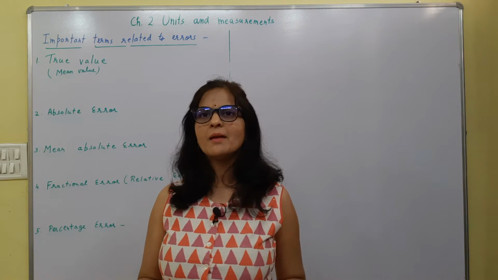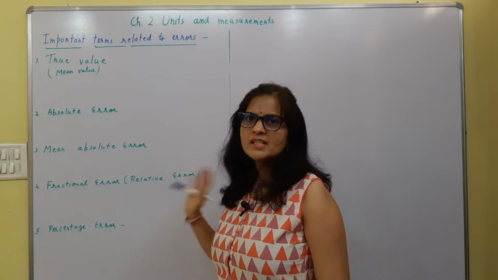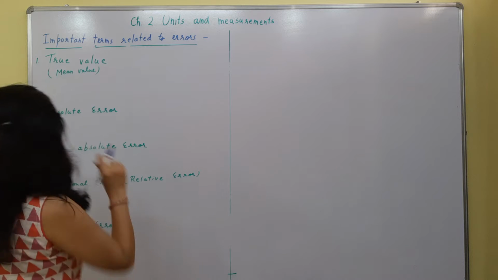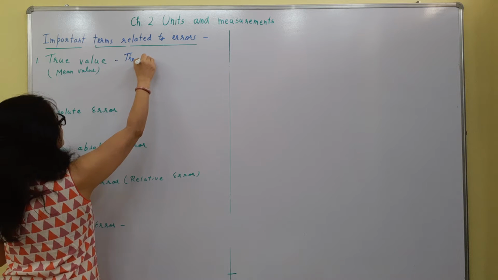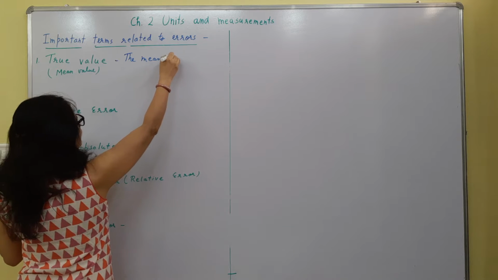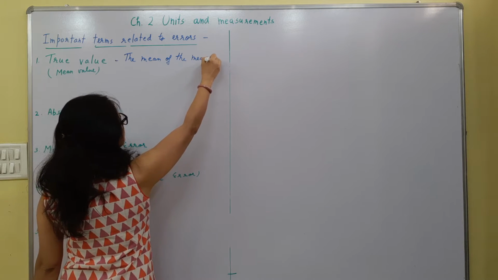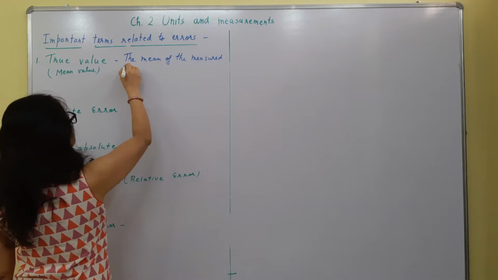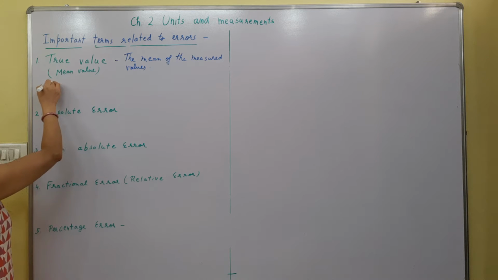I am taking an imaginary example to explain these terms, right? So true value is the mean of the measured values.